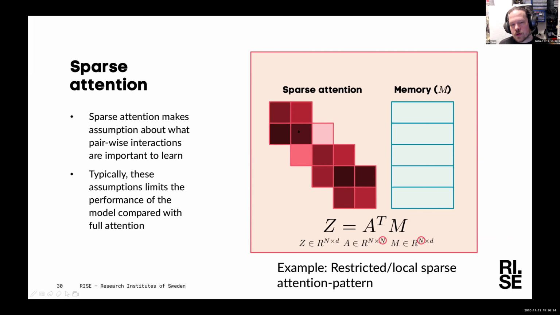Other examples use randomly sparse matrices. You can think of it as shortcuts in the attention, so that with a couple of layers you will be able to propagate information efficiently. But those are typically very hard to implement efficiently when it comes to the actual computation you need to do.